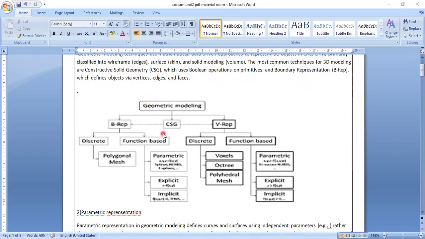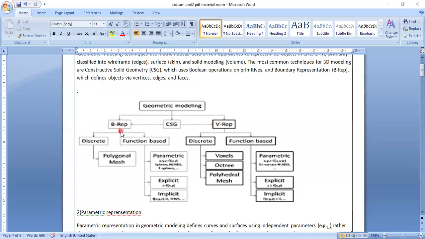But here you can see what a geometric model is according to your syllabus. According to your Unit 2 syllabus, geometric modeling is divided into three types: B-rep, boundary representation, constructive solid geometry, and also V-rep.